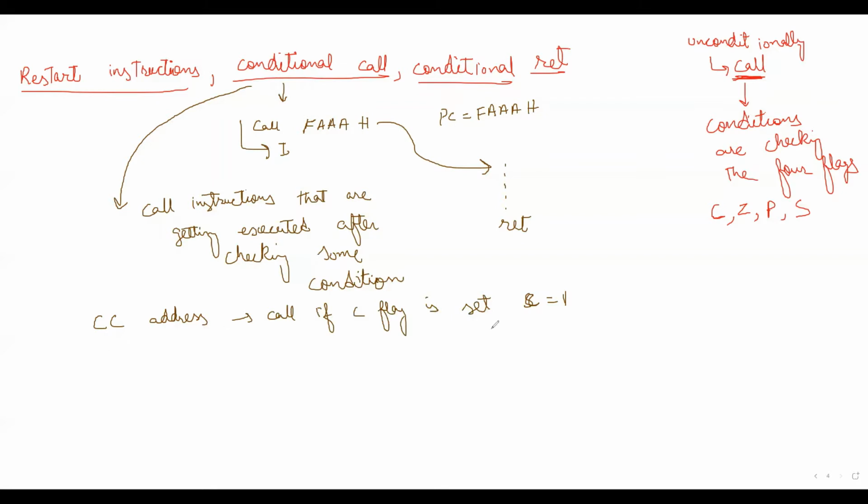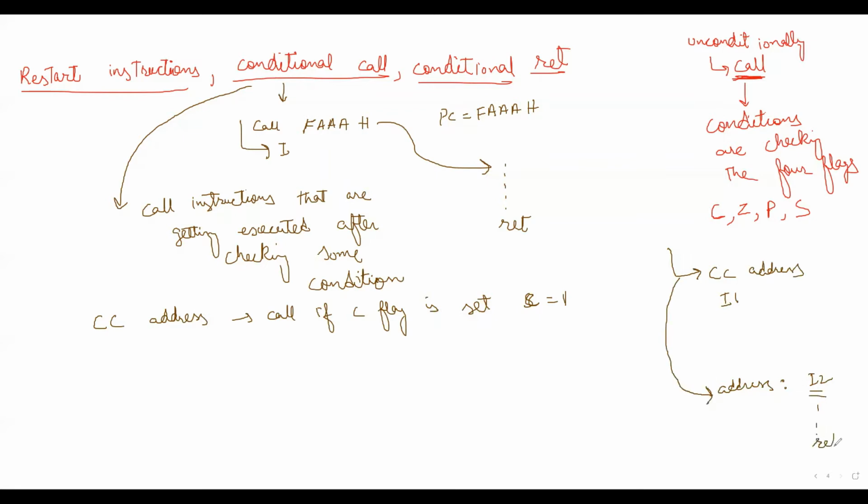Okay, fine. So if we have an instruction like this, call address, then let's suppose we have I1 after this, and at this particular address we have stored instruction I2. The program will come here and first check the carry flag. If the carry flag is set, that is equal to 1, then it will go here and start executing from this point.